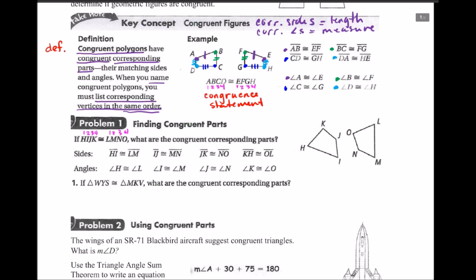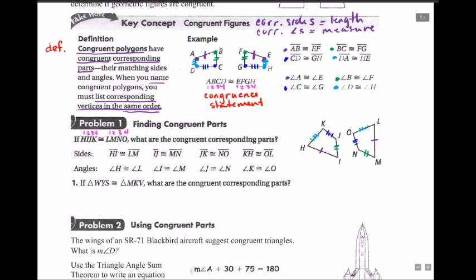So my first side, HI and LM are congruent, and IJ and MN are congruent, and JK and NO are congruent, and 4 back to 1 is KH and OL are congruent.